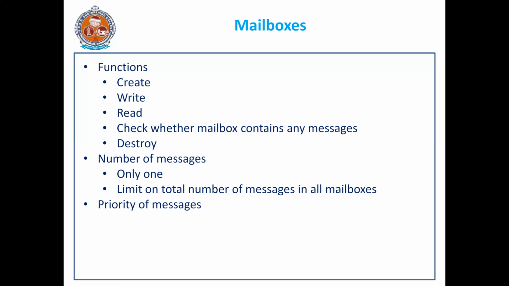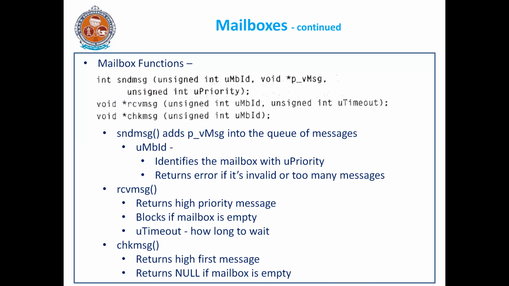Now we will see the different mailbox functions. These are the mailbox functions. Send message, SND message. It is a mailbox function that is used to add the P underscore V message into the queue.